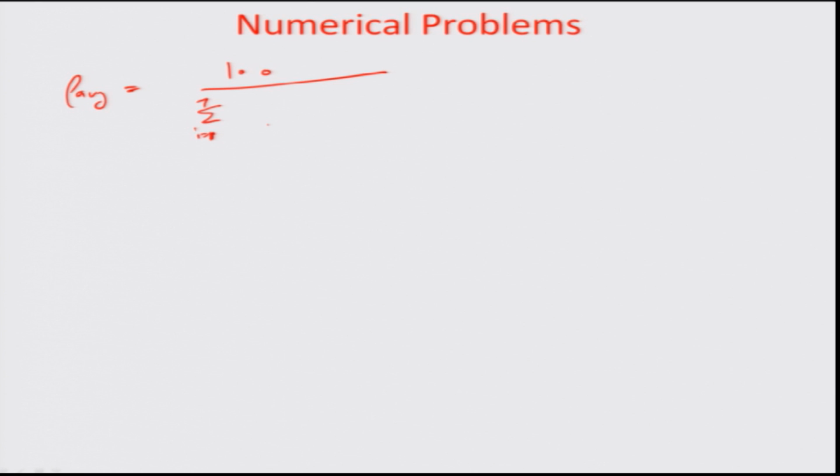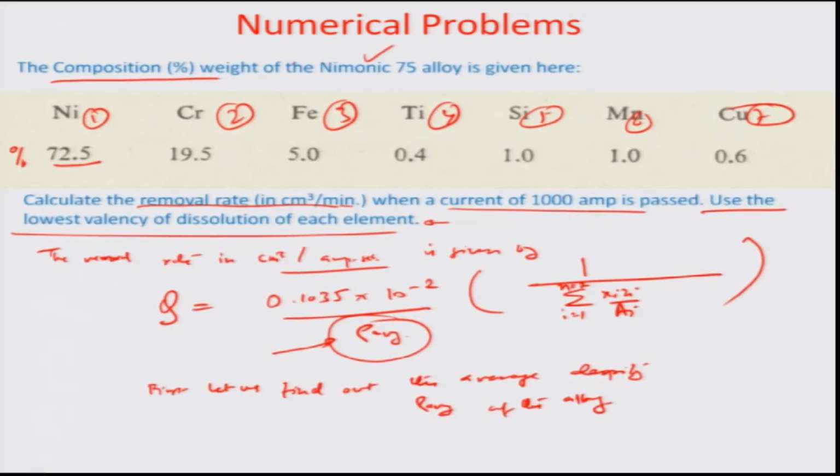I am considering here the overall base weight of 100 grams, and in 100 grams, as I have earlier illustrated, there are 7 species, each of them having different gram weights: 72.5 grams, 19.5 grams, 5 grams, 0.4 gram, 1 gram, 1 gram and 0.6 gram respectively.